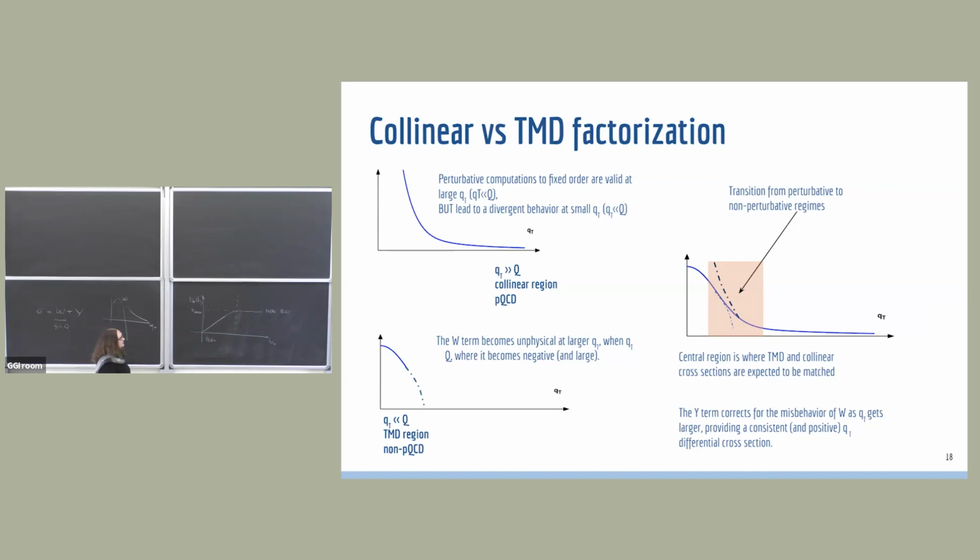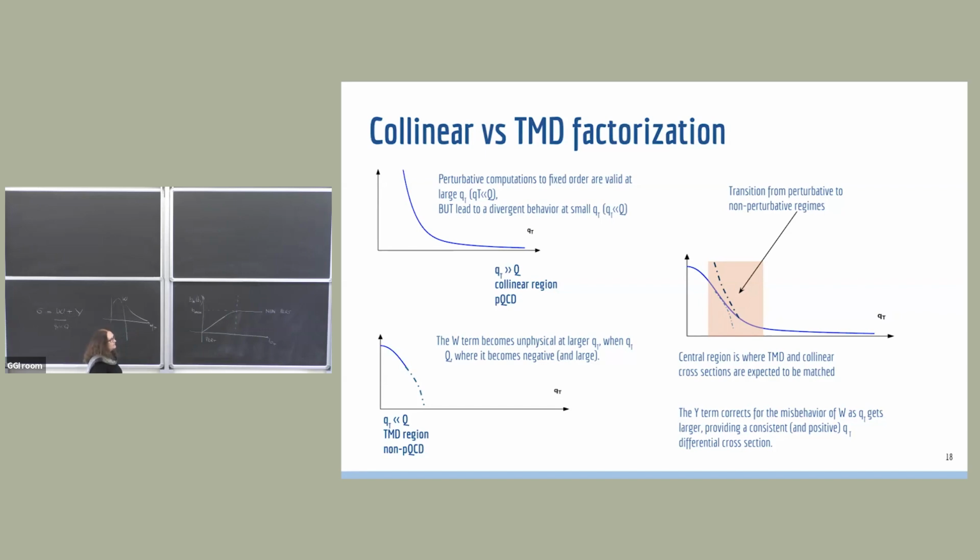You match it with a cross-section that you can compute at any fixed order, at any logarithmic order, which is devised and hopefully made in a way that it works well when qT is large. So you have something like this, which we have learned, the W term, which goes quickly to 0 and then becomes negative when qT becomes large, and something like this, which works well in this region, but then diverges badly when qT goes to 0.